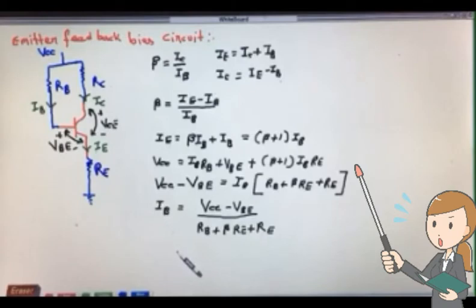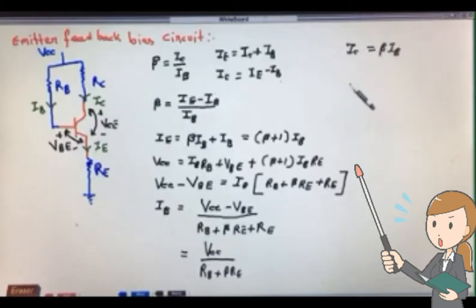This can also be written as VCC upon RB plus beta times RE. Now collector current IC is equal to beta IB.